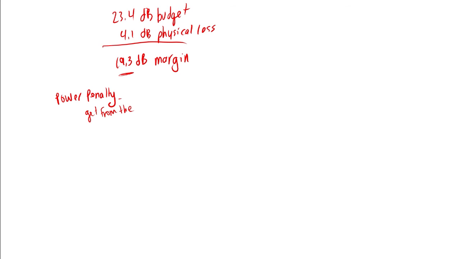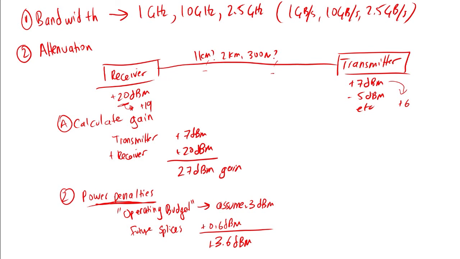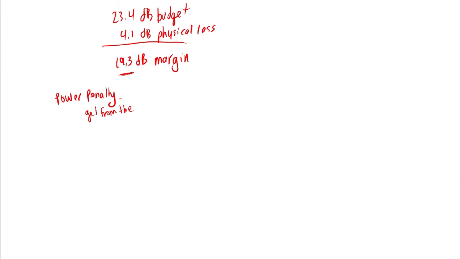I just assumed 3 dB, but you get them from the SFP manufacturer. There's a spec. And so use 2 dB for an LED and 3 dB for a laser if there's no spec.